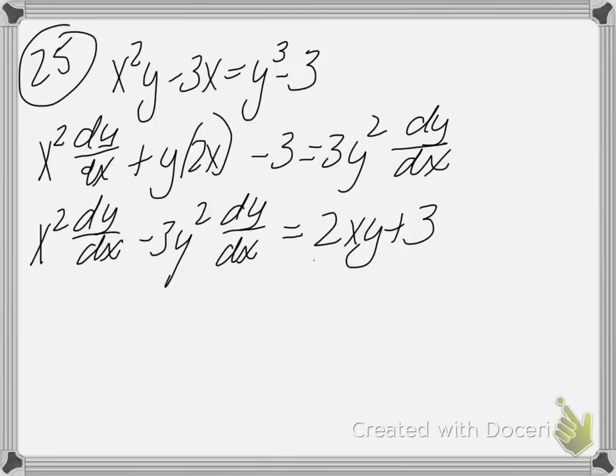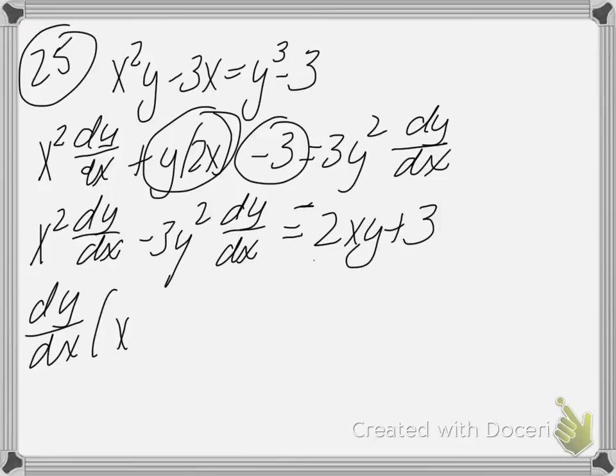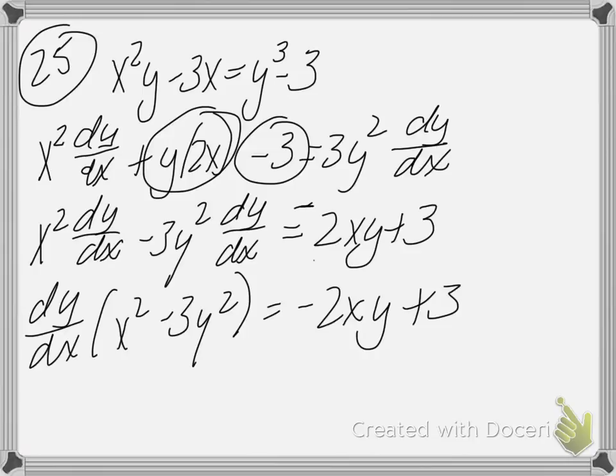Okay, so I just want to say that I moved this over to the right side, so that became negative, and then the negative 3 moved to the right side, so that became positive. Okay, I'm going to factor out dy over dx. And I get that. And then I divide.